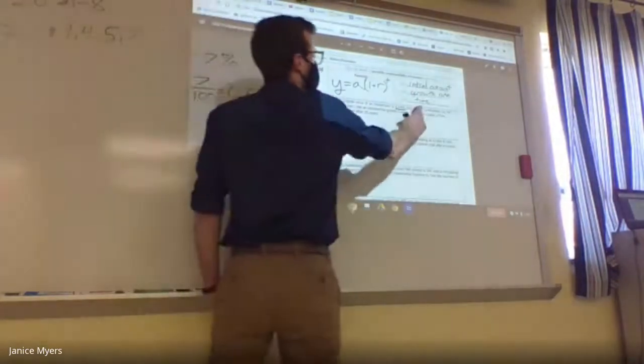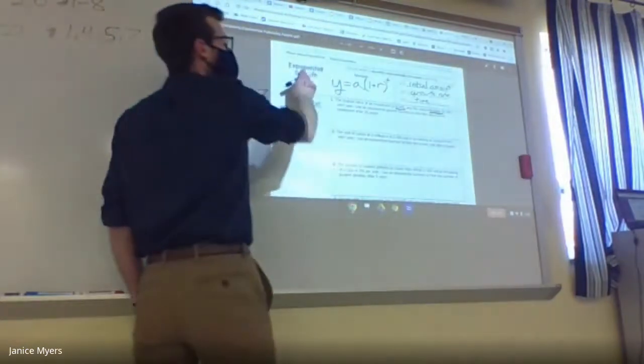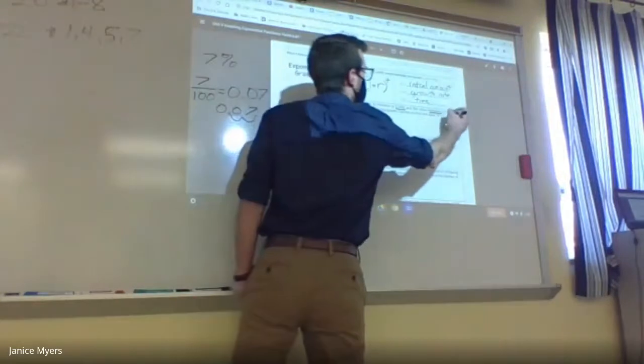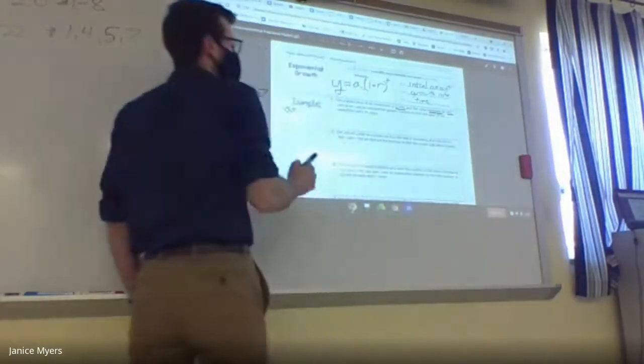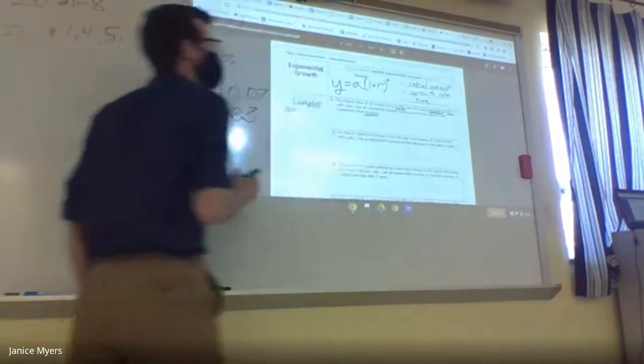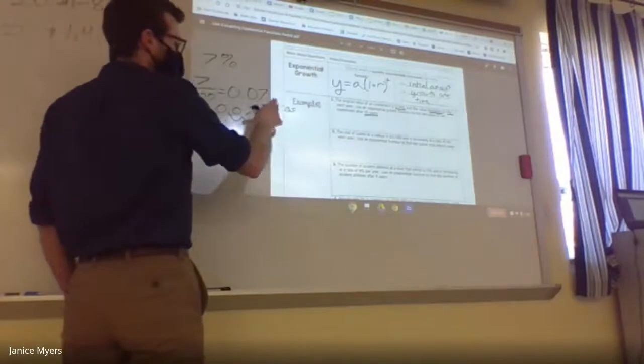And the value, I see that it increases, which tells me that I'm going to be using the exponential growth function. Then I'm given my percentage. And then I'm also given my time of 25 years. So we can start writing our variables out.